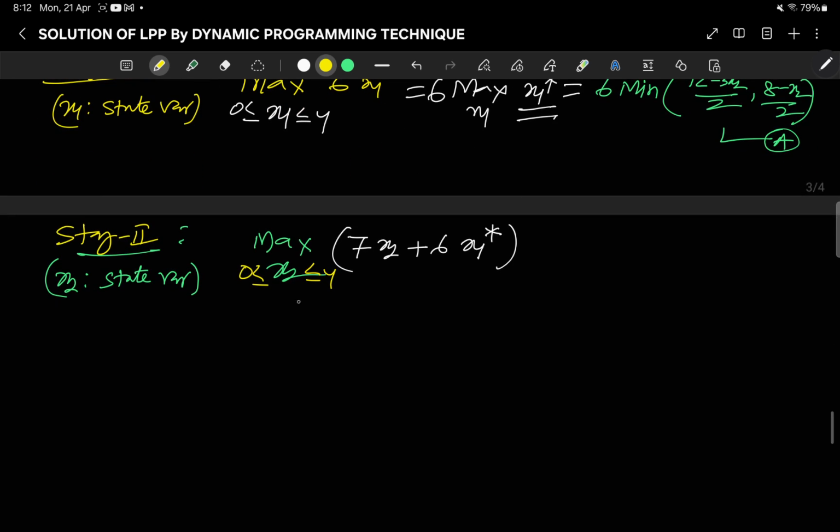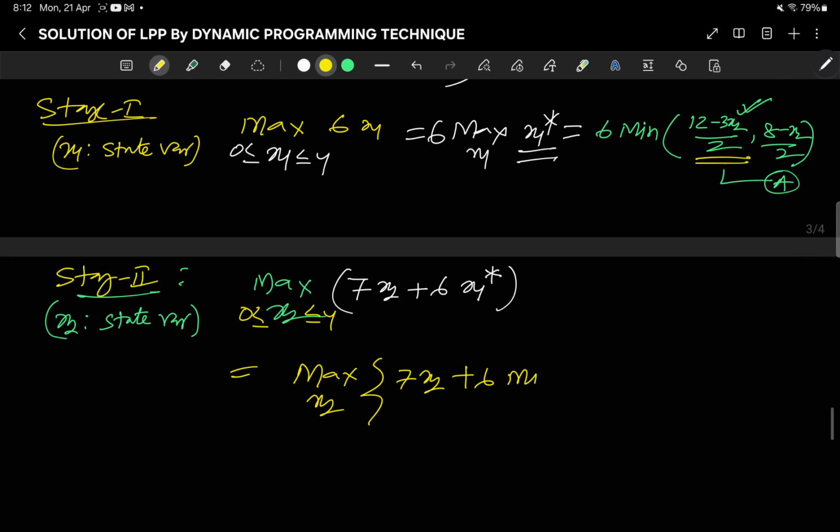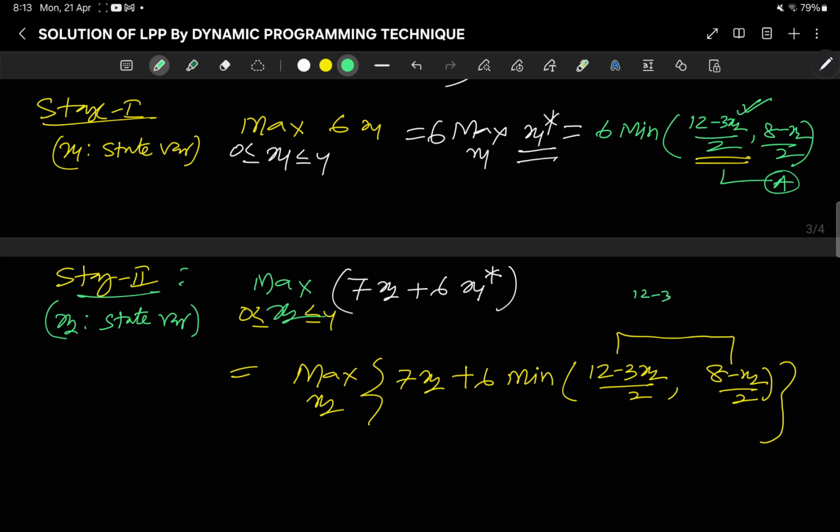So I can write maximization over x2 of 7x2 plus 6, substituting A here, times the minimization of (12 minus 3x2) by 2 and (8 minus x2) by 2. If you simplify, what is the value of x2? Solving, 12 minus 3x2 is equal to 8 minus x2, so 2x2 is equal to 4, which implies x2 is equal to 2.